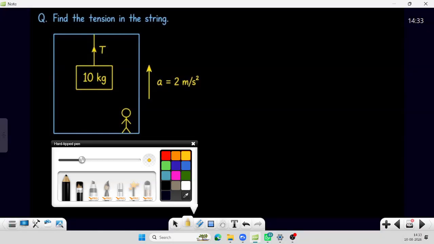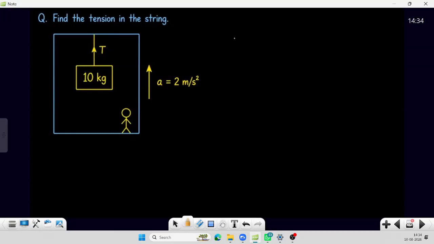Now in this case, the lift is moving in the upward direction. Then how much is the g effective? Upward direction, so g effective is equal to g plus a. G value is 10, so 10 plus 2, which is equal to 12.